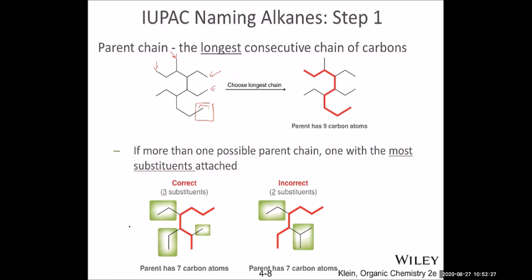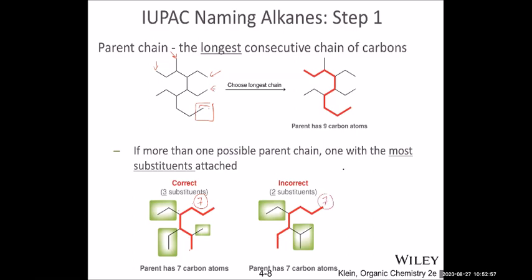So for this molecule, if I start from this end, 1, 2, 3, 4, 5, 6, 7 carbons. The red gives me 7 carbons as a parent. For the same molecule, if I start from here and go left instead, that also gives me 7 carbons.